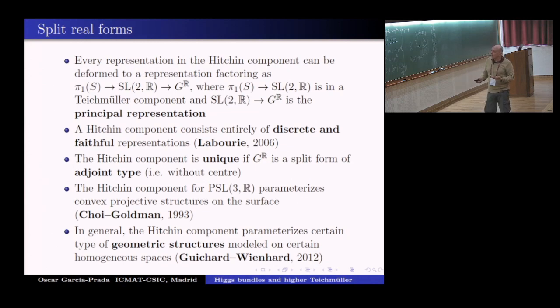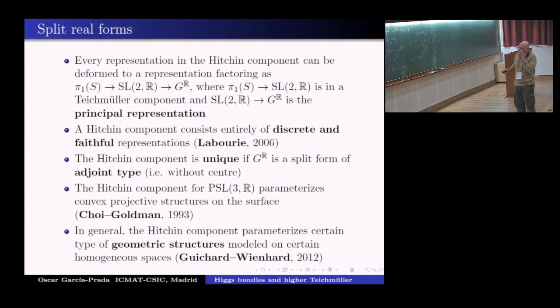When he gave this construction, there had been previous work by Goldman and Choi for the case of PSL3R, where they showed that these parameterize convex projective structures on the surface. The answer to this question for more general split real groups is still quite mysterious.